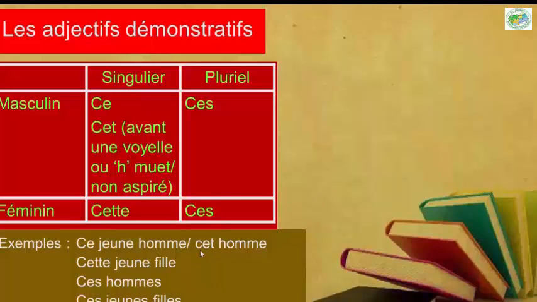Cet homme, the word homme is a masculine noun that starts with H. That's why we couldn't use ce for it. Cet is a kind of article that we use with the singulars that start with vowels or h muet. Okay?